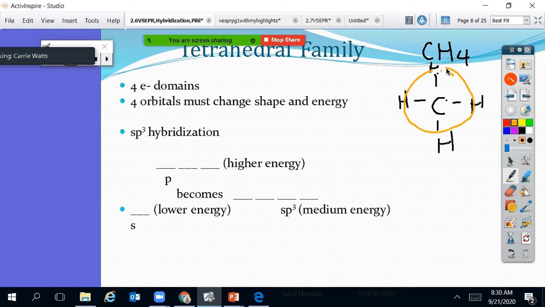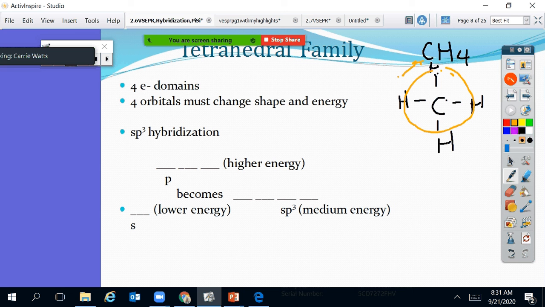Okay, so when it makes this molecule, the 4 orbitals on the carbon alone, just the carbon, have to change shape and energy in order to accept the hydrogen. Okay, so what I'm going to draw is the valence electrons for carbon. Again, this can be a little confusing, so if you don't understand it, it's okay.